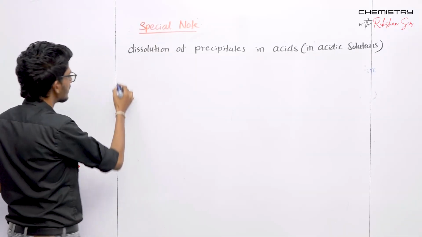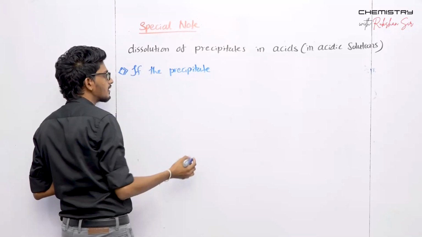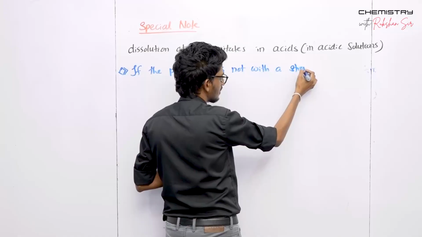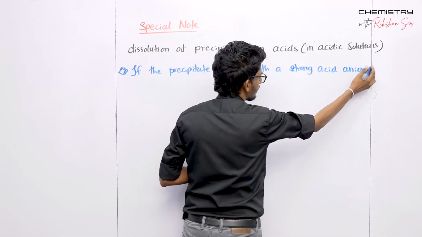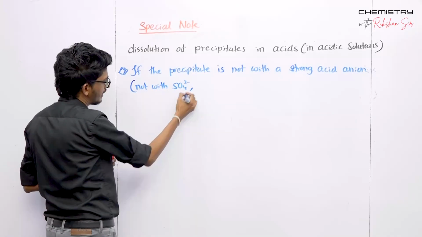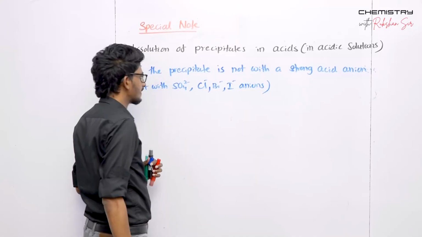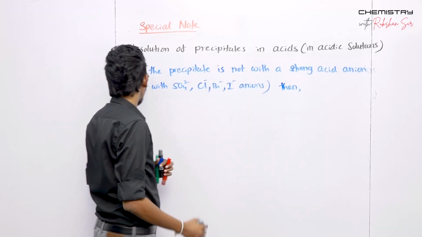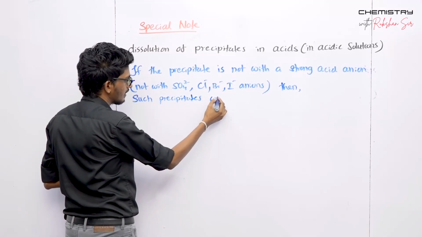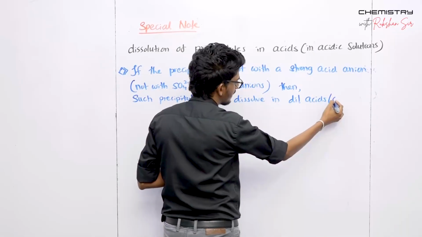The second point: if the precipitate is not with a strong acid anion, that means not with SO4 2 minus, Cl minus, Br minus, I minus anions, then such precipitates will dissolve in dil acids, means acidic mediums.